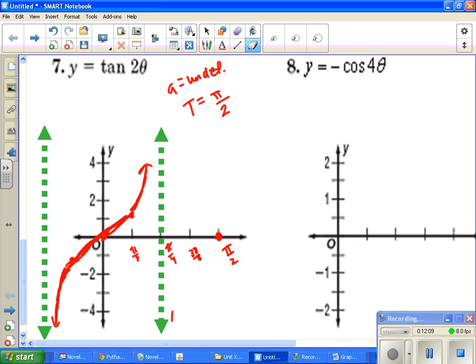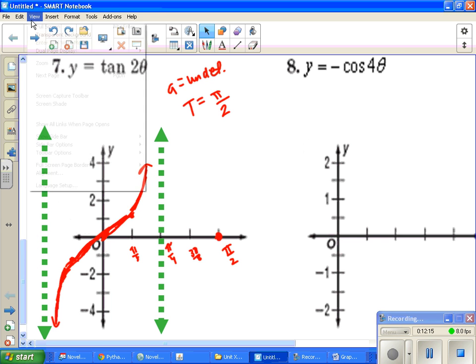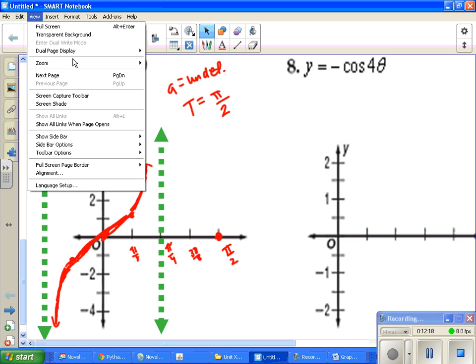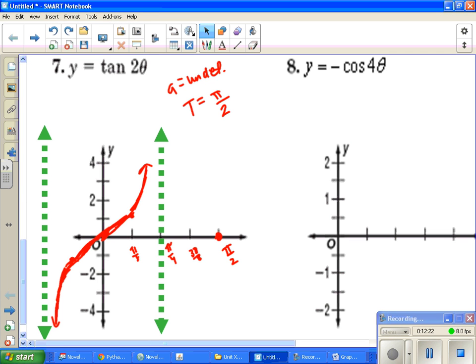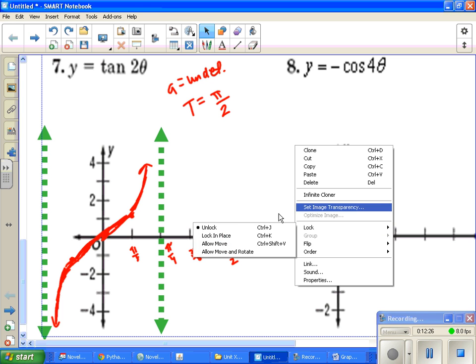Let me go ahead and use my finger. Oh no. View, let me lock it. Lock this into place. All right.